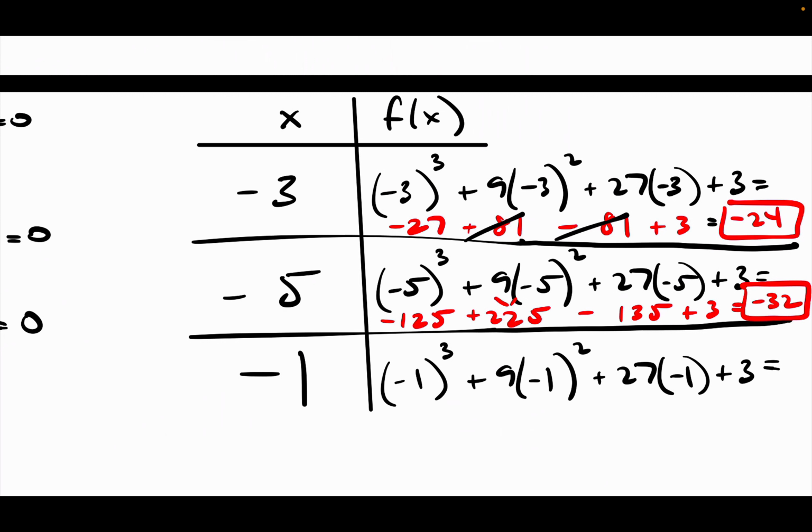Last one, -1. So that's -1 plus 9 minus 27 plus 3. So that's 8 minus 24.